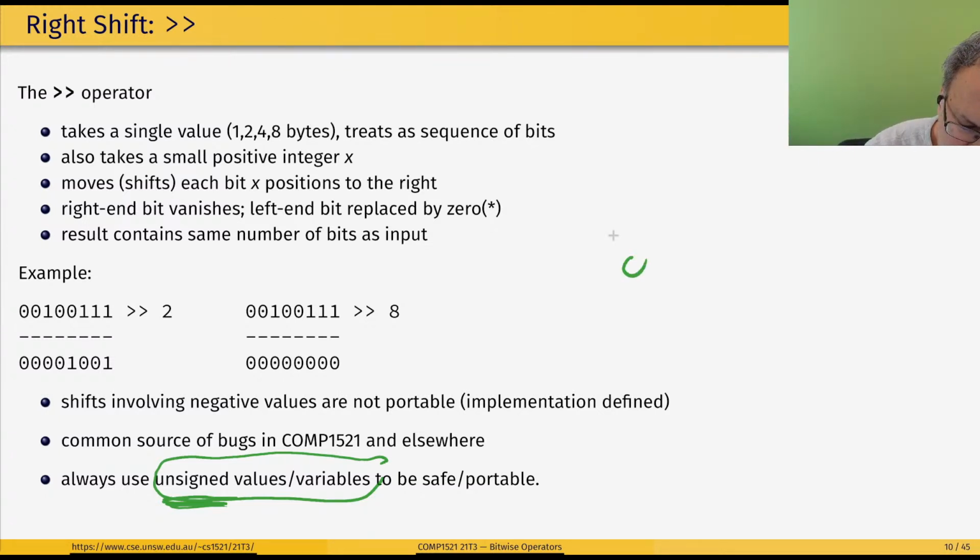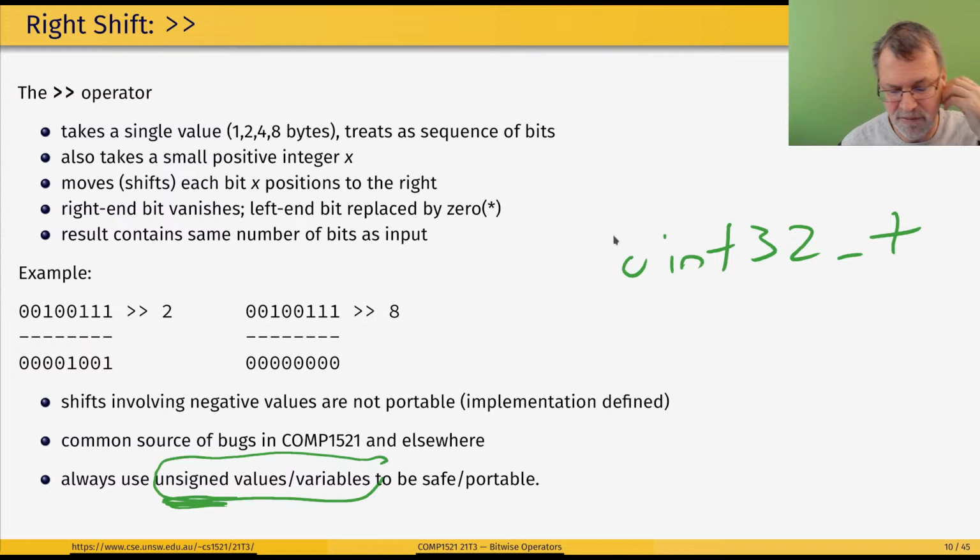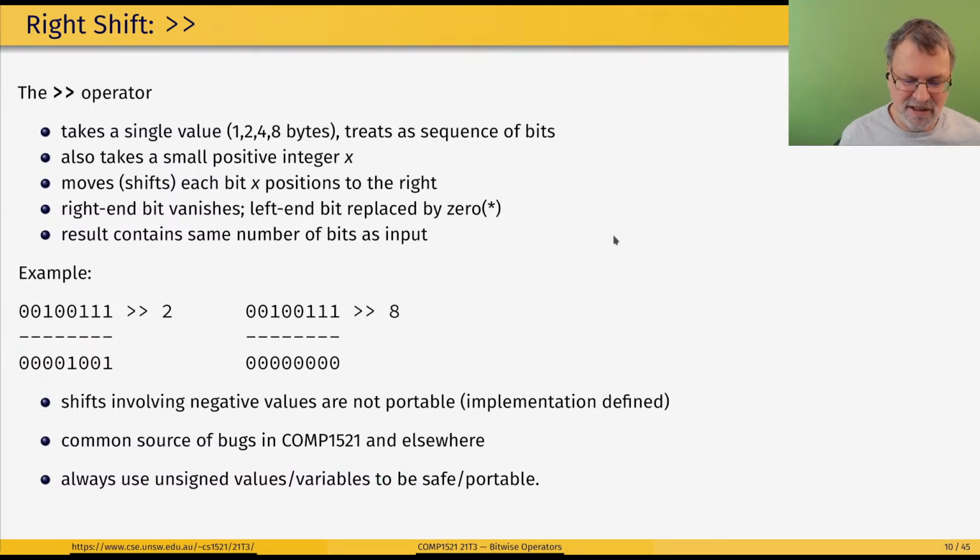And we've already seen that, for example, if it's a 32-bit value, we'll say use uint32_t. The reason is, for not particularly good reasons, which are slowly being changed in the C standard, a right shift does unpredictable things if the value is not unsigned. And that is a source of bugs.